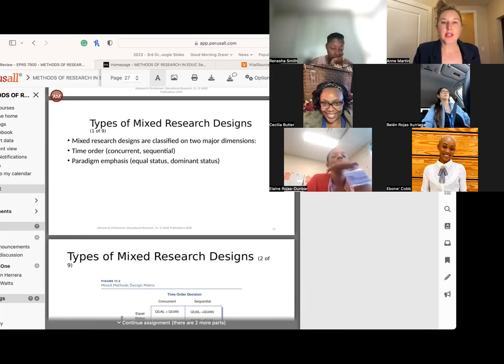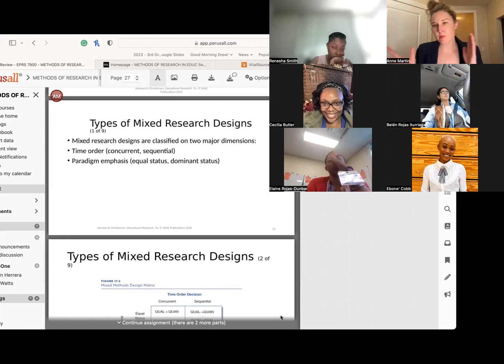So concurrent is when the data are collected around the same time and then analyzed together around the same time. Sequential might be you do the quantitative part, you analyze it, and then based on that, you choose your participants to do that. So concurrent is around the same time with the same people. Sequential, more time is between, and it could be totally different participants.